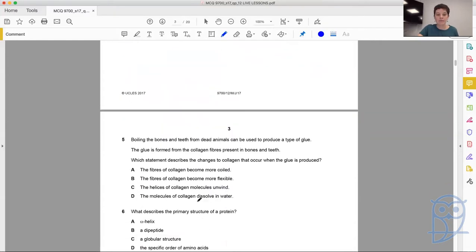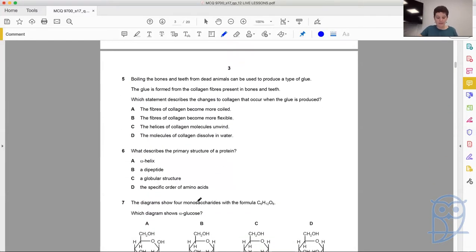Question 5. Boiling the bones and teeth from dead animals can be used to produce a type of glue. The glue is formed from the collagen fibers present in bones and teeth. Which statement describes the changes to collagen that occur when the glue is produced? Right, so we're talking about collagen fibers and we're talking about boiling.